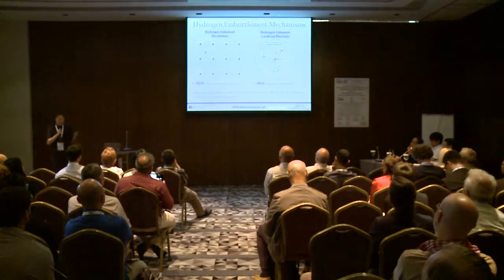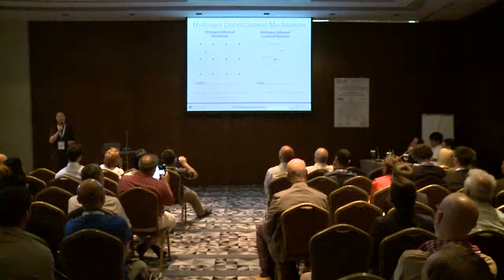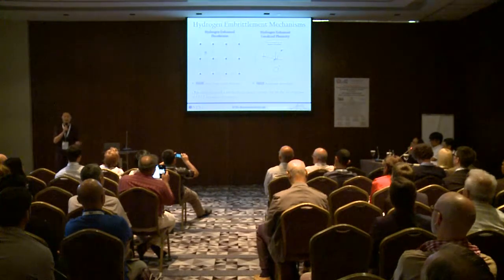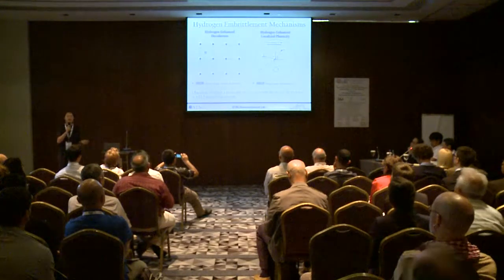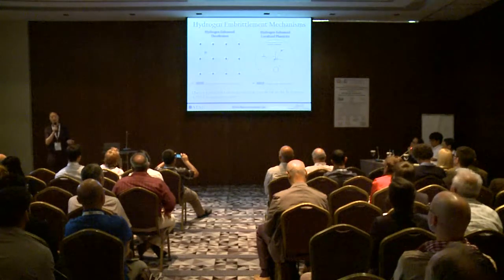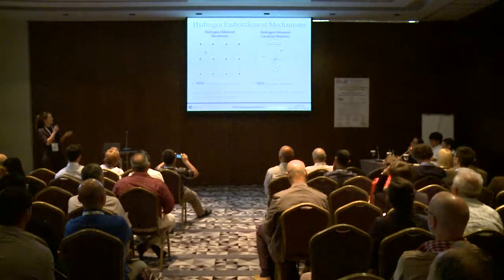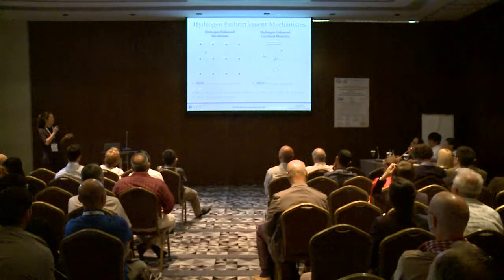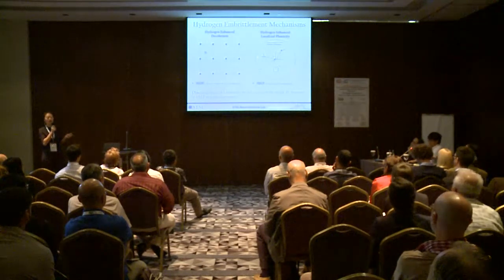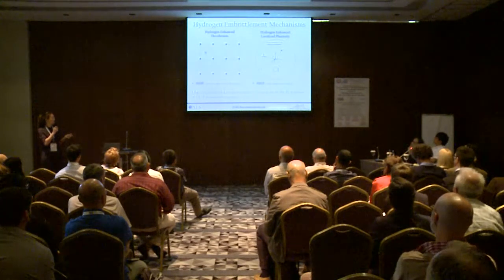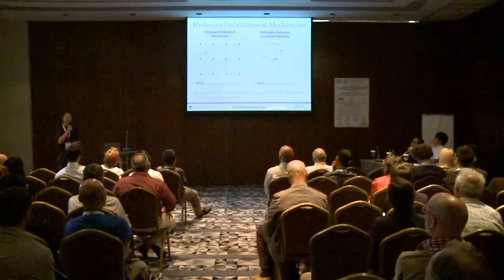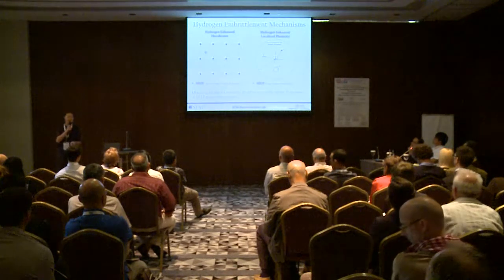Many colleagues have talked about the mechanisms of hydrogen embrittlement. Of course, there are two commonly accepted mechanisms: hydrogen-enhanced decohesion, in short HED, and hydrogen-enhanced localized plasticity, HELP. HED originates from short-range lattice dynamics.